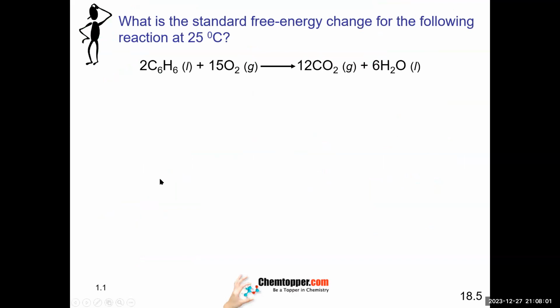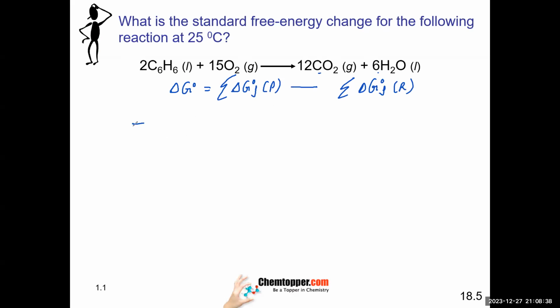Values are not given. So how to do this type of question? Values will be given to you. Right now values are not given, but in the exam, values will be given to you. So how to do? I will use this equation: delta G naught reaction is equal to summation of delta G naught formation of the products minus summation of delta G naught formation of the reactants.